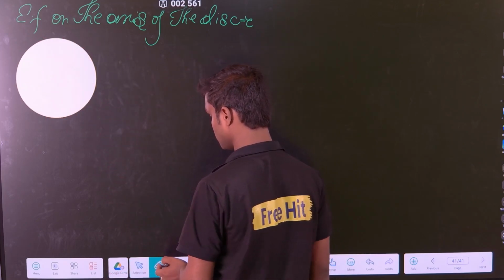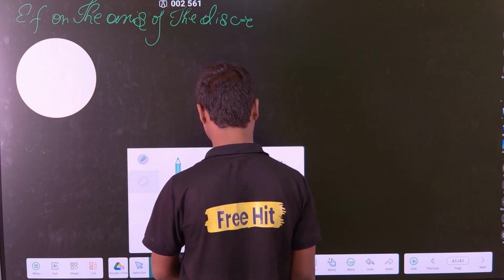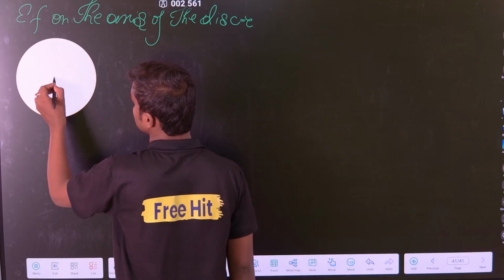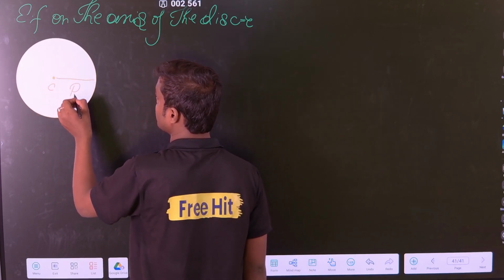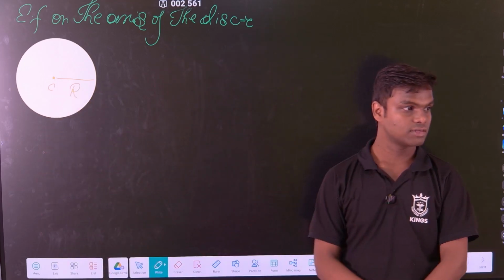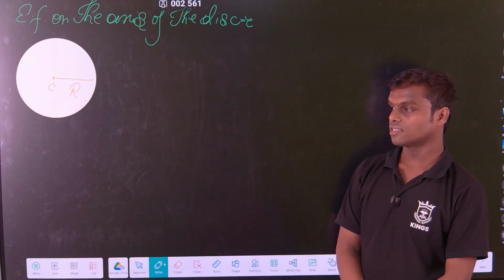And suppose this is the center of the disk and the radius is r. That is given. Radius is r and the center is c.